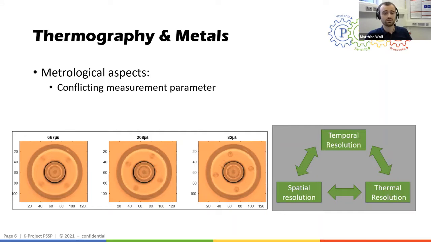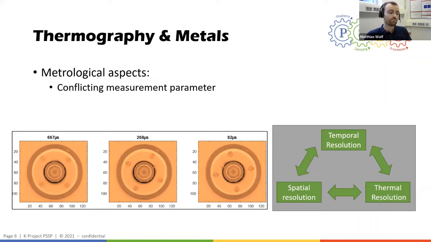Especially the high frame rate might require reducing, for example, the integration width of the camera, which is a parameter similar to the exposure time of a conventional camera. As you might guess, this change also affects the noise level of the acquired data and the thermal resolution.